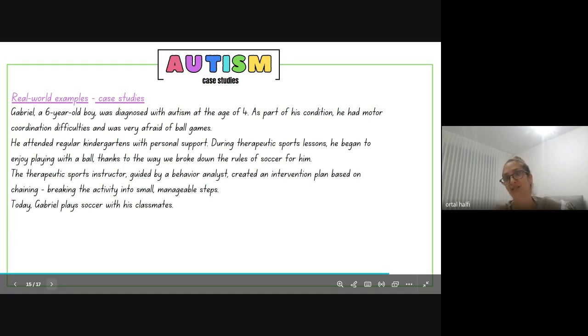During therapeutic sport lessons, he began to enjoy playing with the ball, thanks to the way we broke down the rules of soccer for him. The therapeutic sport instructor, guided by a behavior analyst, created an intervention plan based on chaining, breaking the activities into small, manageable steps.